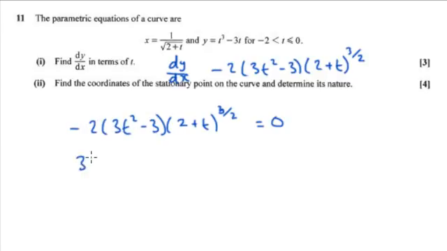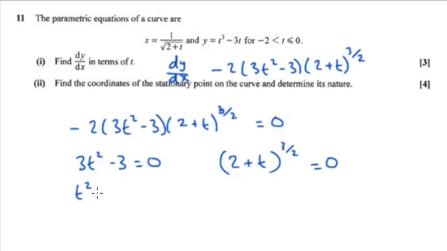So either 3t squared take 3 is equal to 0, or 2 plus t to the 3 over 2 equals 0. So if you solve this, the 3's can cancel and we get t squared equals 1, so t is plus or minus 1. If we solve this one, 2 plus t needs to be 0, so t is minus 2.